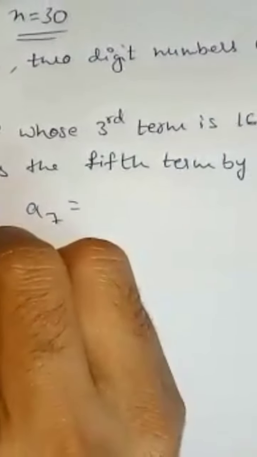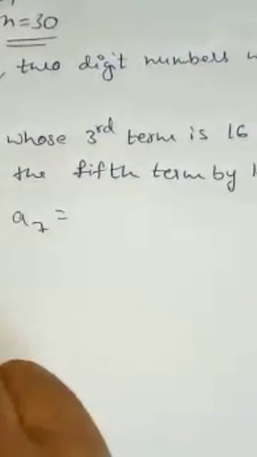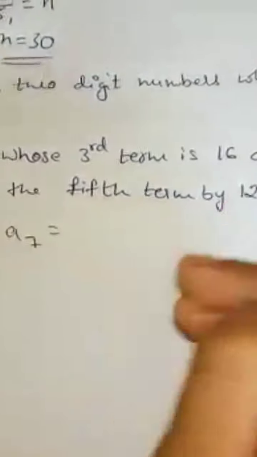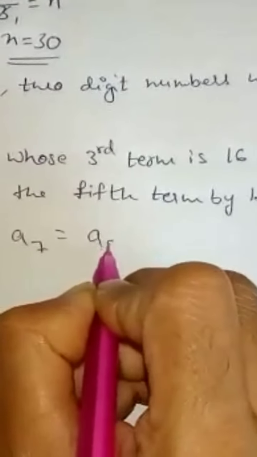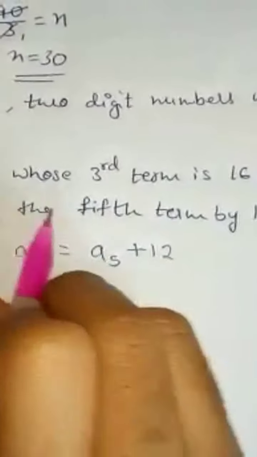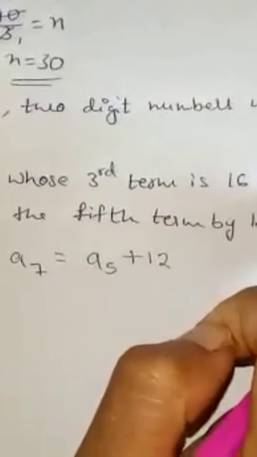Exceeds means you have to add. When you get exceeds, remember you have to add. The 7th term exceeds the 5th term by 12, so you are adding 12 to the 5th term a5.